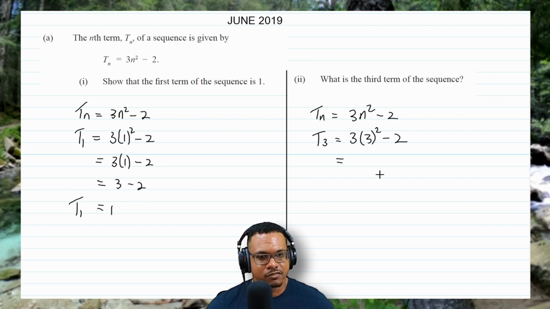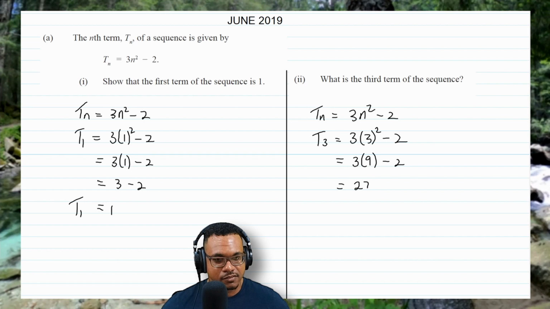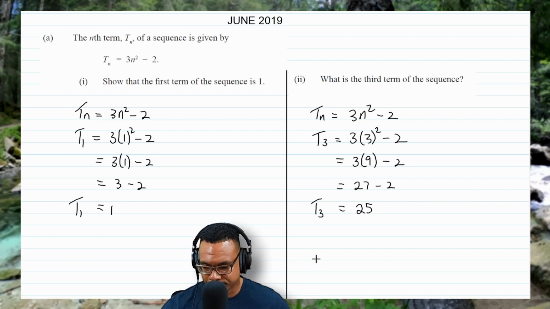So again, powers first before any of the 4 operations. So 3 squared is 9. BODMAS says we must multiply first before we could subtract. So 3 by 9 is 27. Take away 2, which will be equal to 25. So our third term is equal to 25.